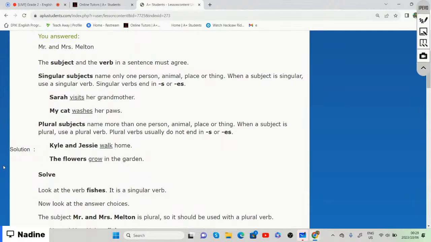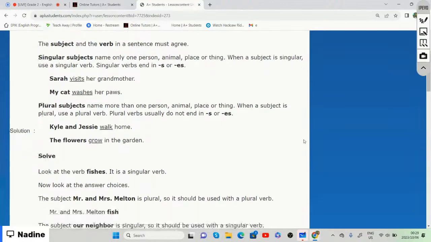But if the subject is plural, which refers to more than one person, we don't add s or es to our main verb. And we made an example also of the plural subjects.